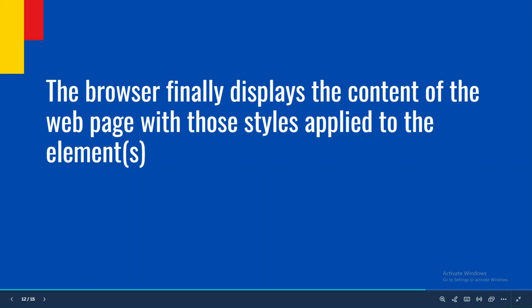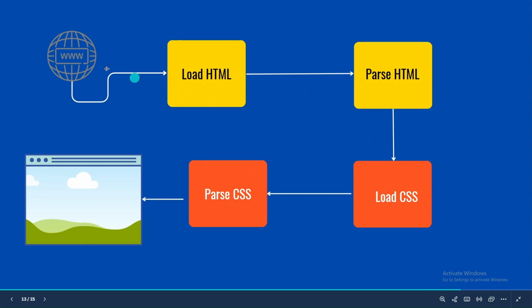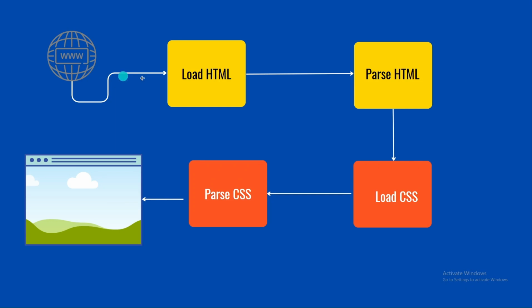So let's see a visual representation of how CSS works under the hood. Now we have our web browser here. This web browser is going to pick your HTML document, so it loads the HTML document in the web browser. Then it reads the HTML document and looks for your style sheet that has been added to your document. So your web browser now loads this style sheet.